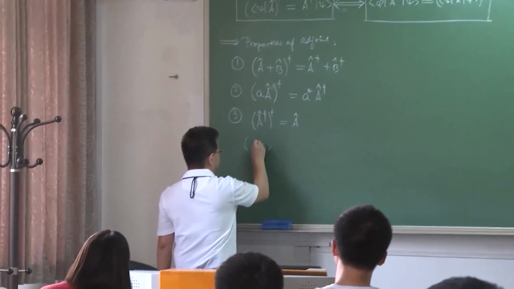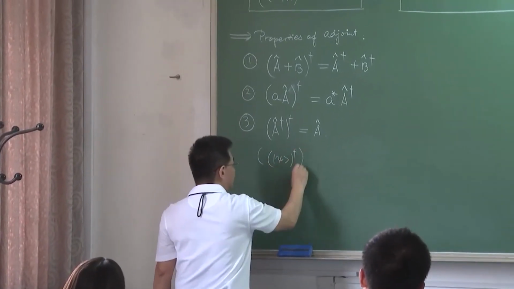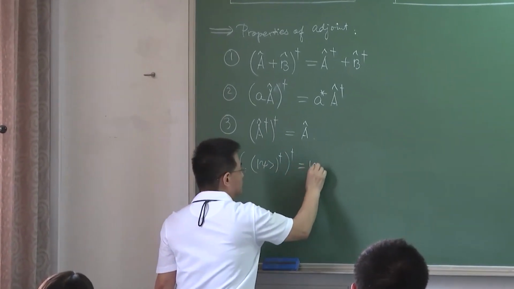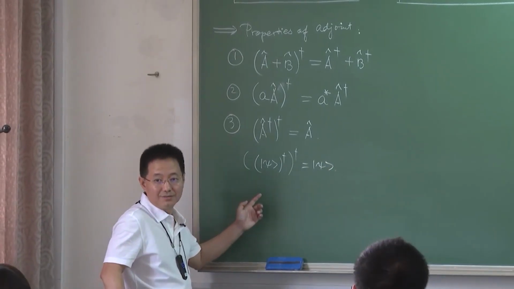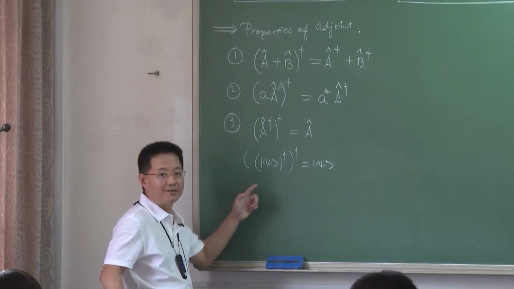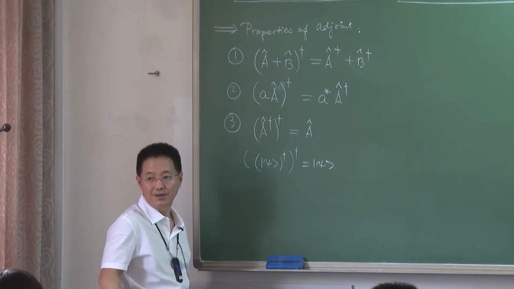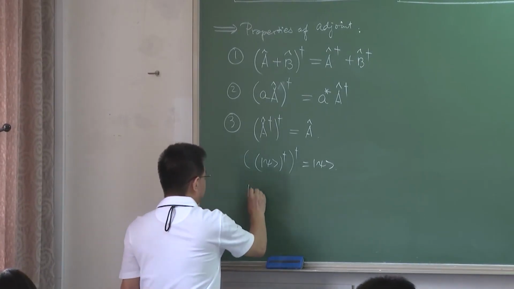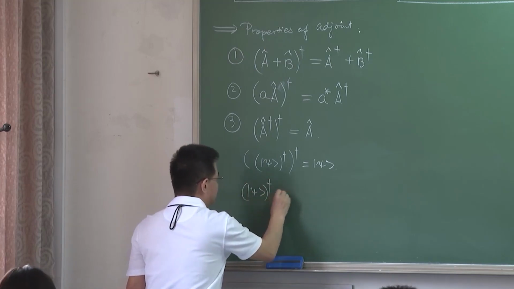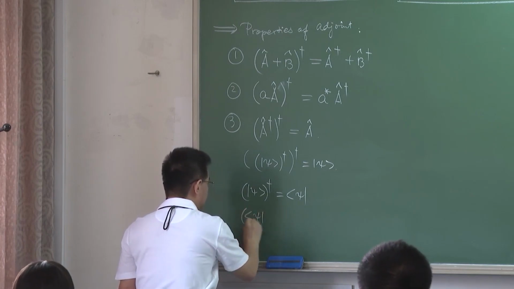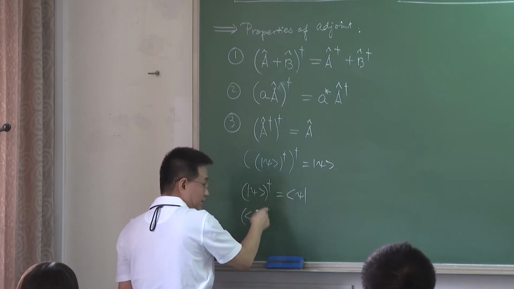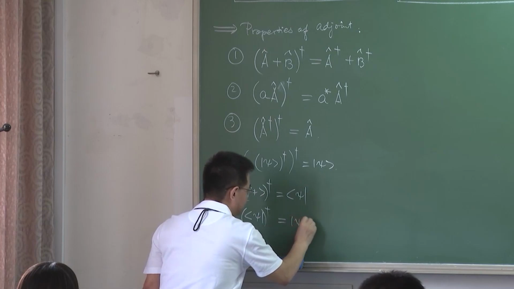That is, as I have mentioned, the dagger and dagger of psi is equal to psi. And that is also valid for the bra. The dagger of the bra and then dagger again, you get the bra, right? And of course this ket, dagger, is equal to this bra, and the dagger of the bra is equal to the ket.